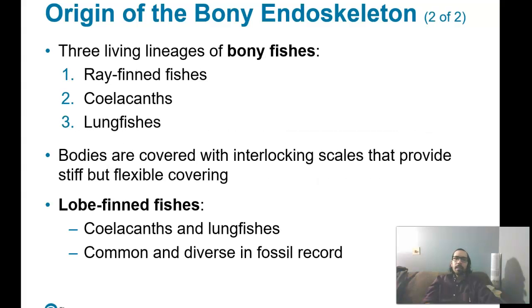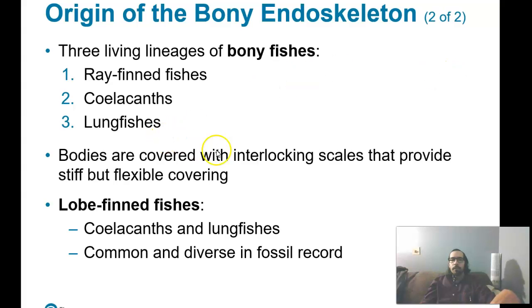There are three living lineages of bony fishes: the ray fin fishes, the coelacanths, and the lungfishes. Their bodies are covered with interlocking scales that provide a stiff but flexible covering.